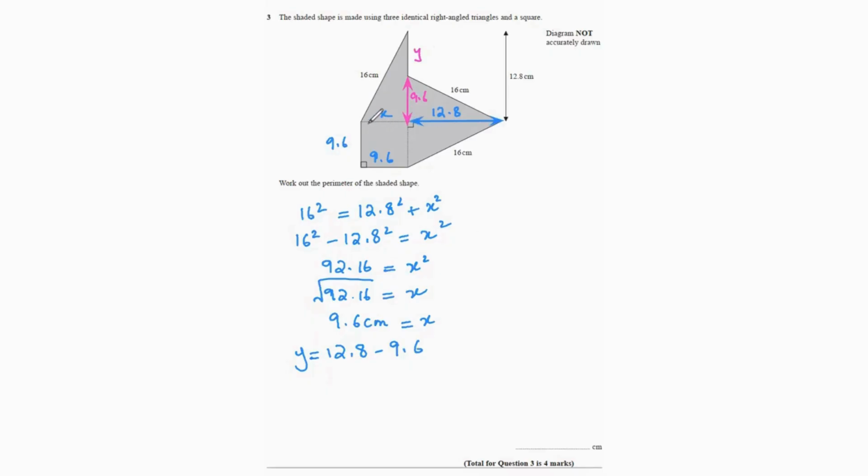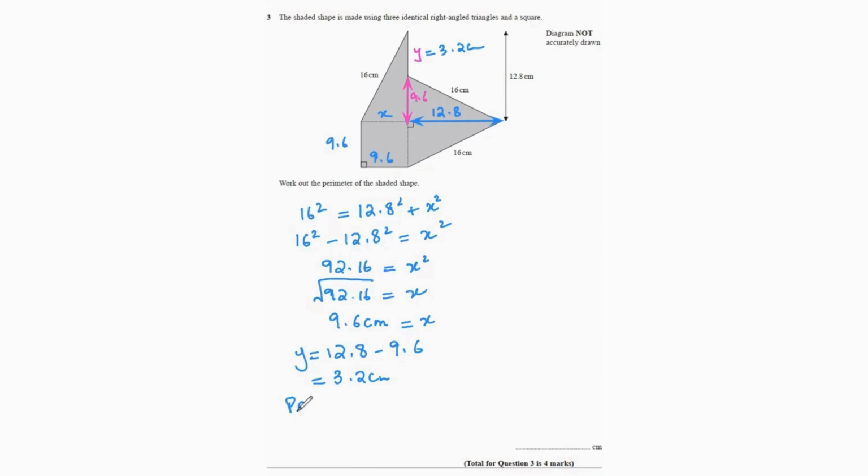Look at the diagram closely. The base of the triangle is the same as the length of the square. So this would also be the same. This would also be the same. So if we subtract 9.6 from 12.8, that gives us the length of this part over here, which is equal to 3.2 centimeters.